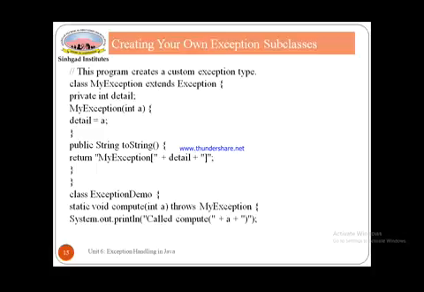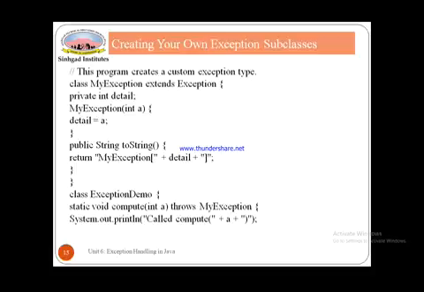Then creating this program creates a custom exception type. So class MyException extends Exception, private int detail, MyException(int a), detail is equal to a. Then public String toString, return "MyException" plus detail, means whatever is stored in detail we have to display.